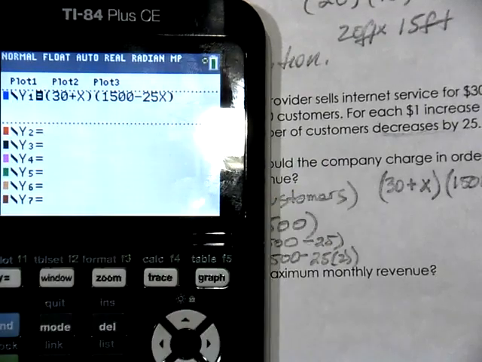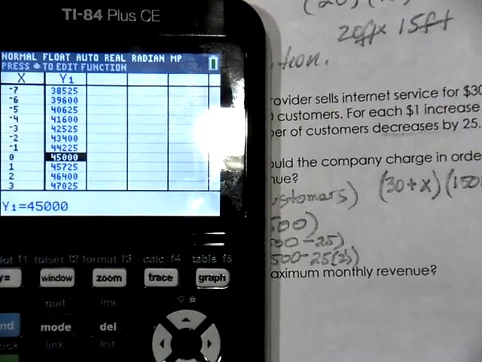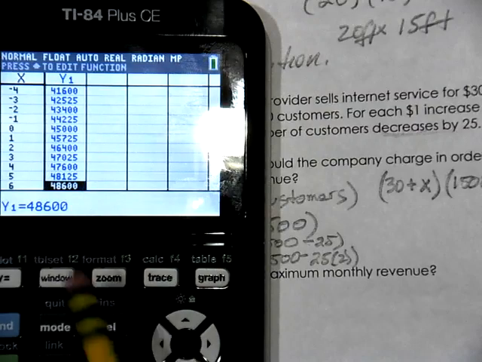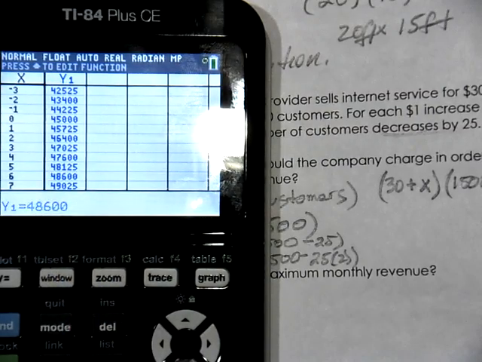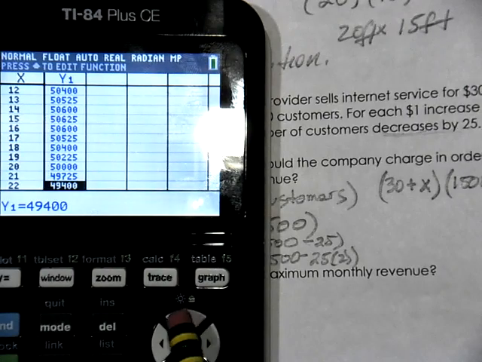We can look at the table to see when do we maximize our revenue. Well, we knew from the beginning we had 45,000. And it builds up to 48, 49, 50,000, still increasing. Up now it looks like it's decreasing.